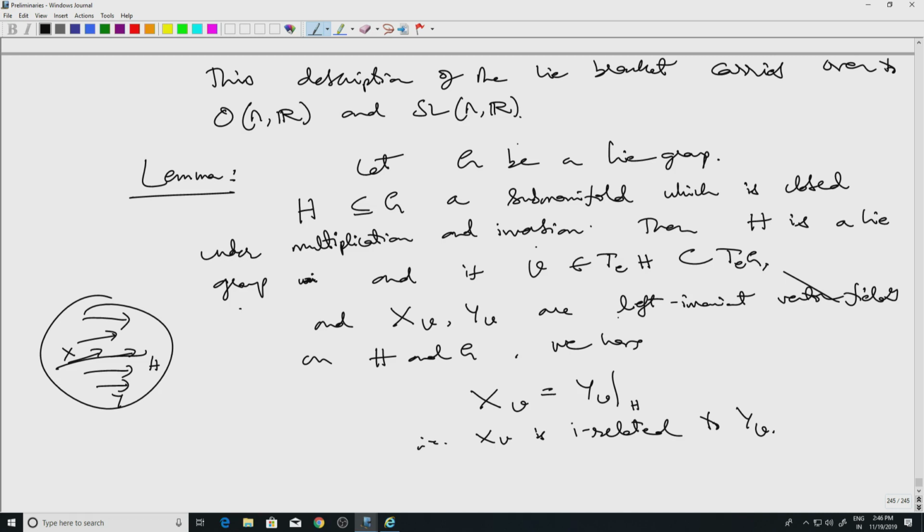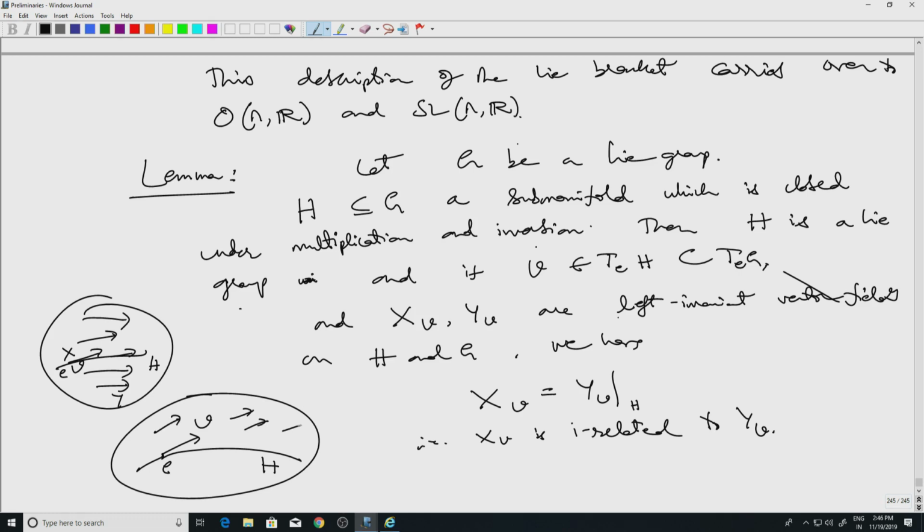In the picture, let's say this is H, this is E and this is V. Since V is a tangent vector for both H and G, I can extend it to a left invariant vector field on G, or I can extend it to a left invariant vector field on H. These two are what I call XV and YV on H and G.